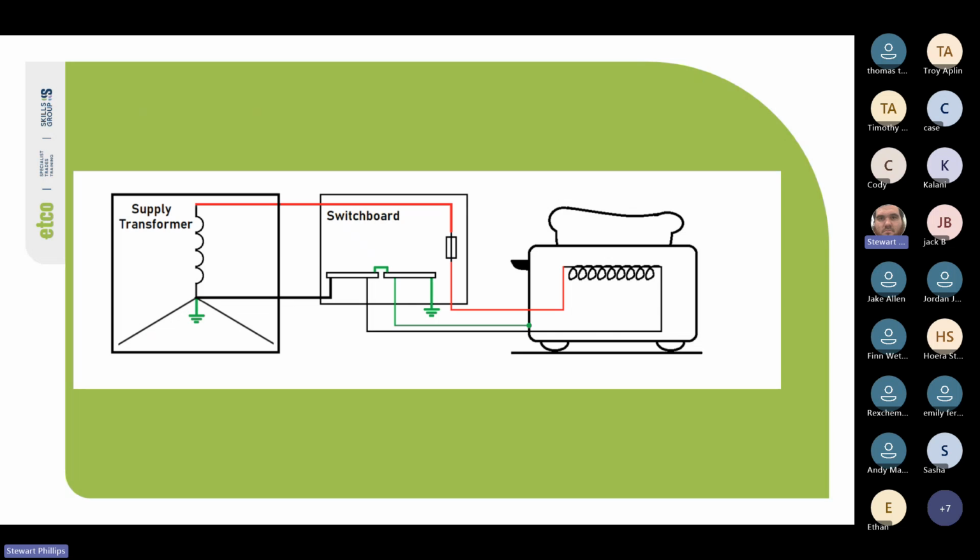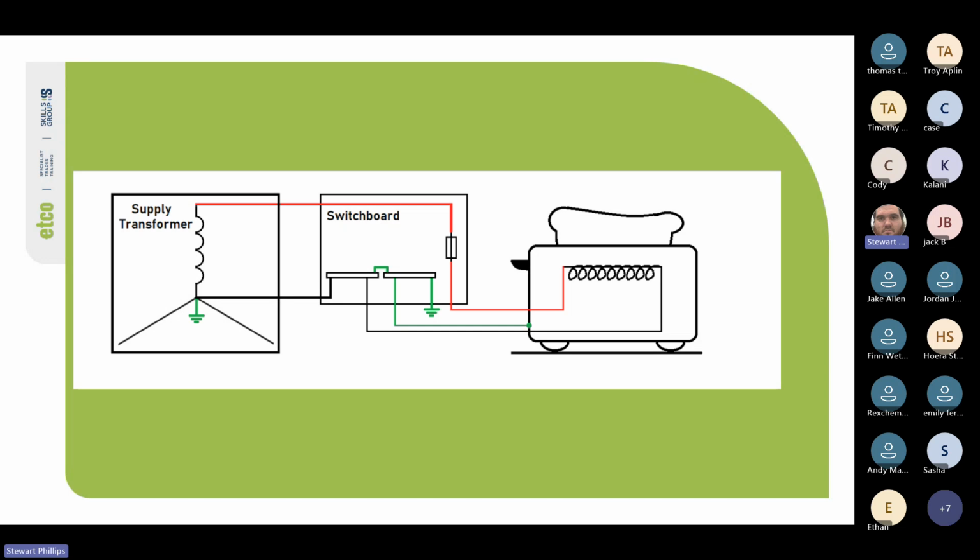So here's a nice little picture. That's our supply transformer there. You can see the phase connected to the fuse and then the phase going to the coil inside the toaster, which is then connected back to the neutral path.